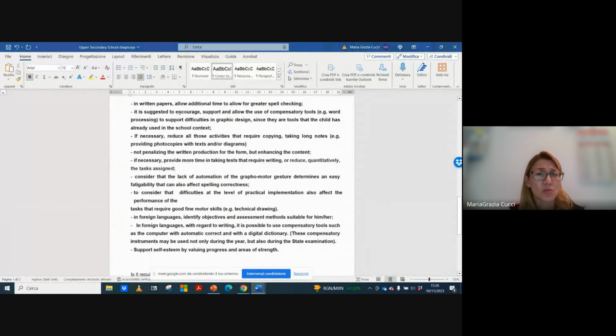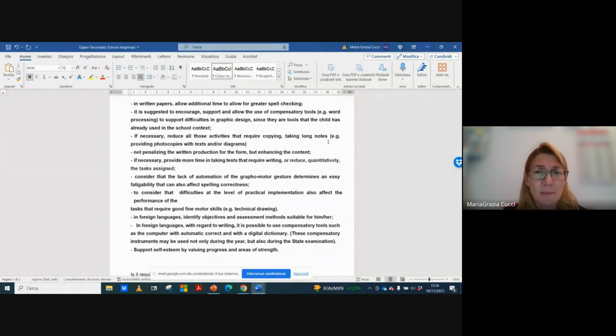It is suggested to encourage, support, and allow the use of compensatory tools, for instance, word processing, to support the difficulties in graphic design, since they are tools that the child has already used in the school context. If necessary, reduce all those activities that require copying and taking long notes. That was, for instance, what I suggested before.